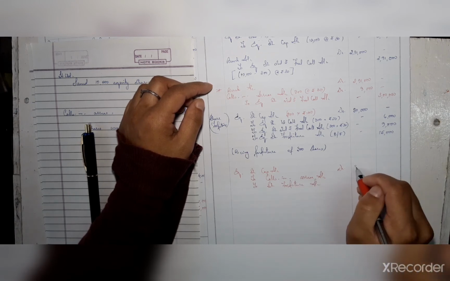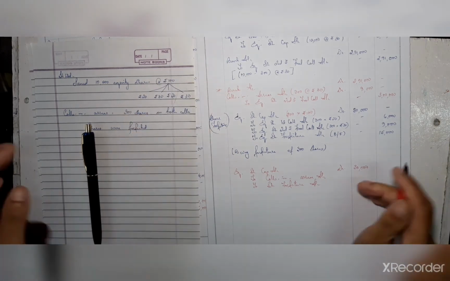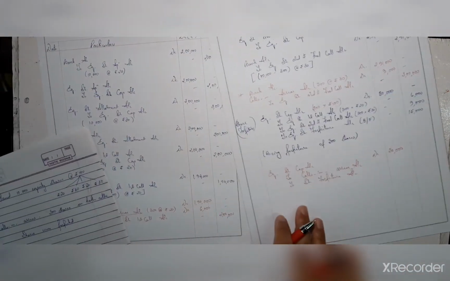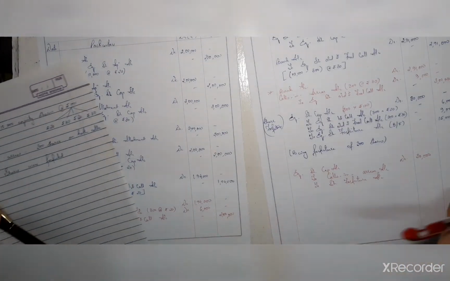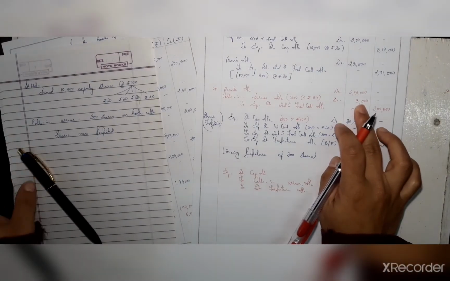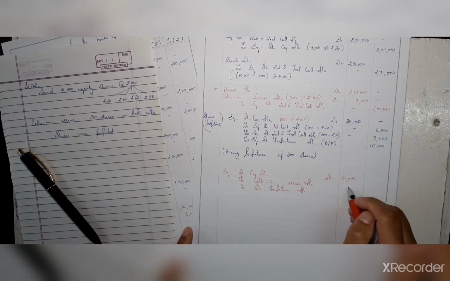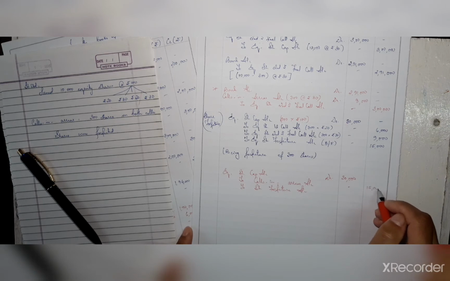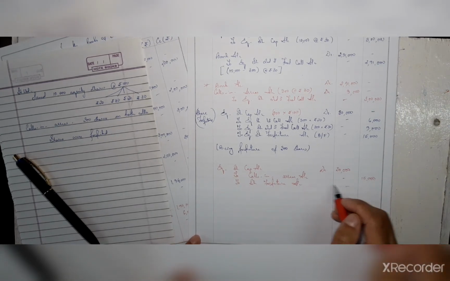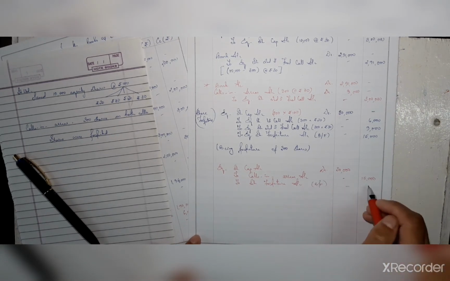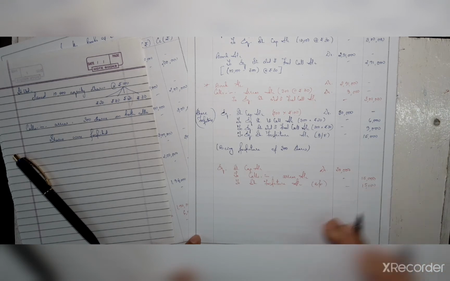So here also 30,000, and in case of calls in arrear account, you had 6,000 on the first call and we have 9,000 on the second and final call. So total will be rupees 15,000, and the balancing figure is your share forfeiture account, which is again rupees 15,000. Narration: being forfeiture of shares. Okay, so this is how we are solving in case of forfeiture of shares.